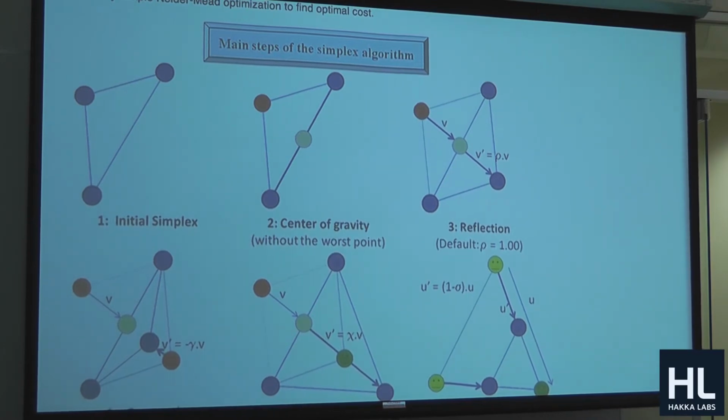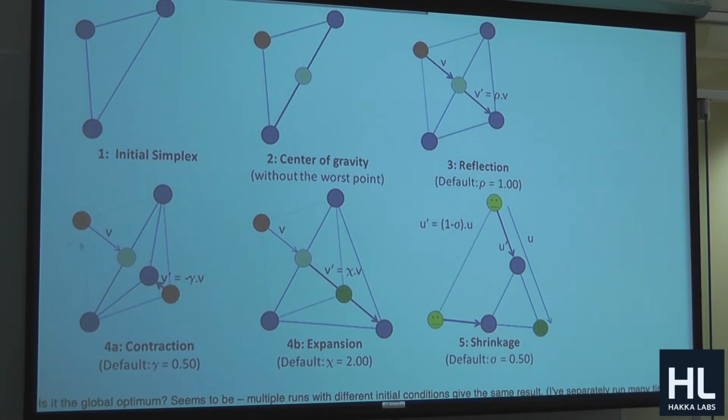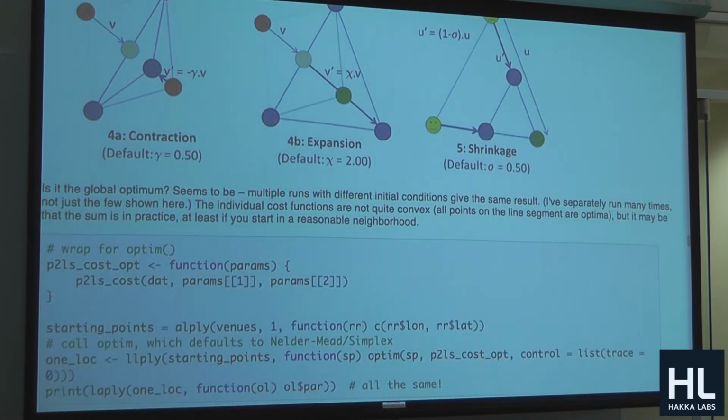If one point is bad, you can pick something in the middle, or reflect in the other direction, or contract. So you end up flipping this triangle over the surface. Eventually, you find an area where moving in any direction doesn't help, and then you stop and say you're done.